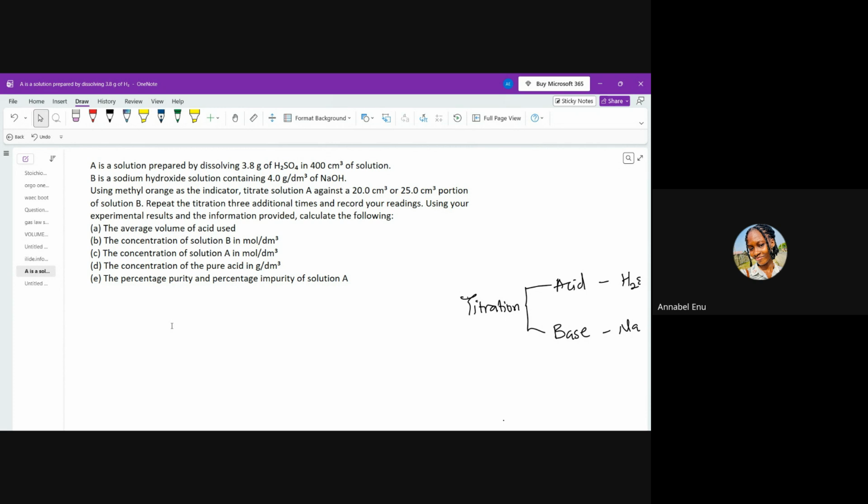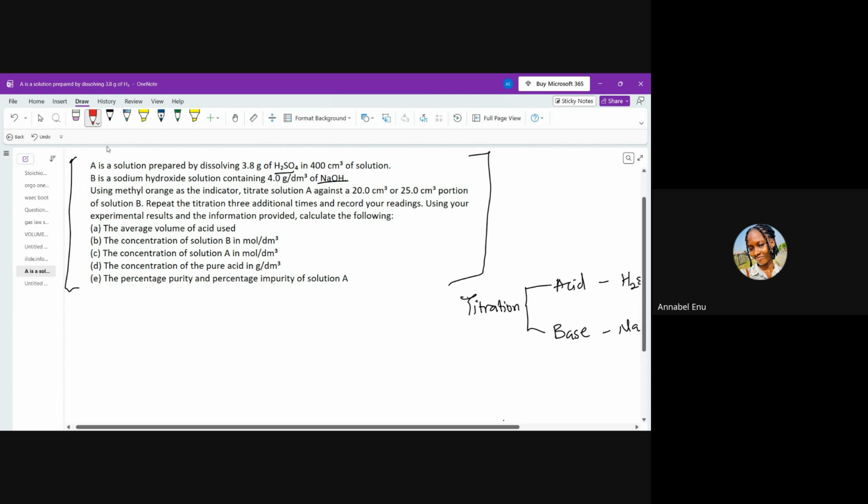And so this is our postulated, or assumed, question for this year's WAEC based on the information on the yellow paper. So when we see questions like this, the first thing is to identify what and what are participating in this whole process. Now, we have identified that it is an acid and a base.